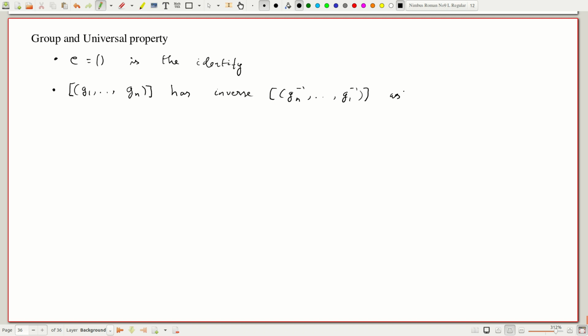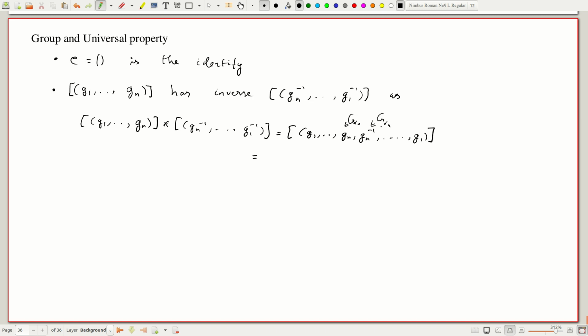But why is this the case? If I look at the product of these two, g1 up to gn, multiplied by gn inverse up to g1 inverse, this is the class of g1 all the way up to gn, and then we have gn inverse, etc., up to g1 inverse. The key point is that this is in G alpha n, and so is this, so we can merge them.